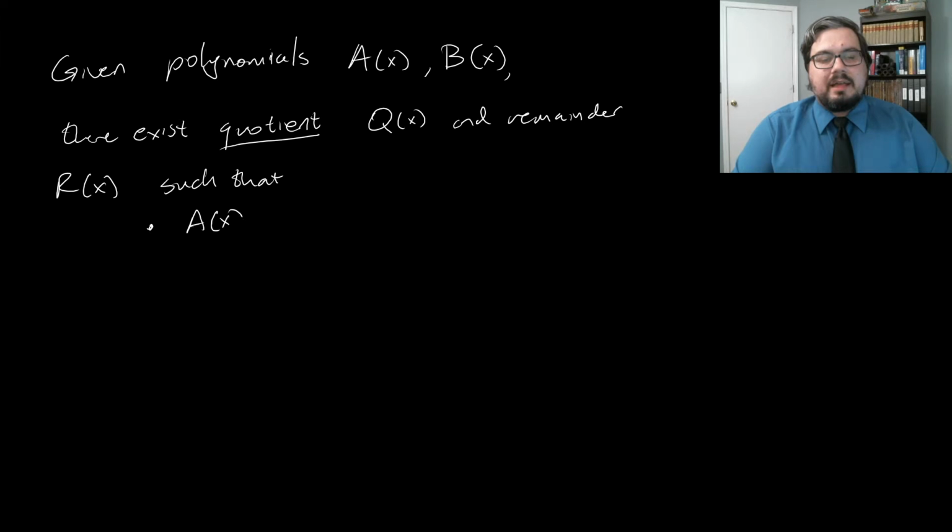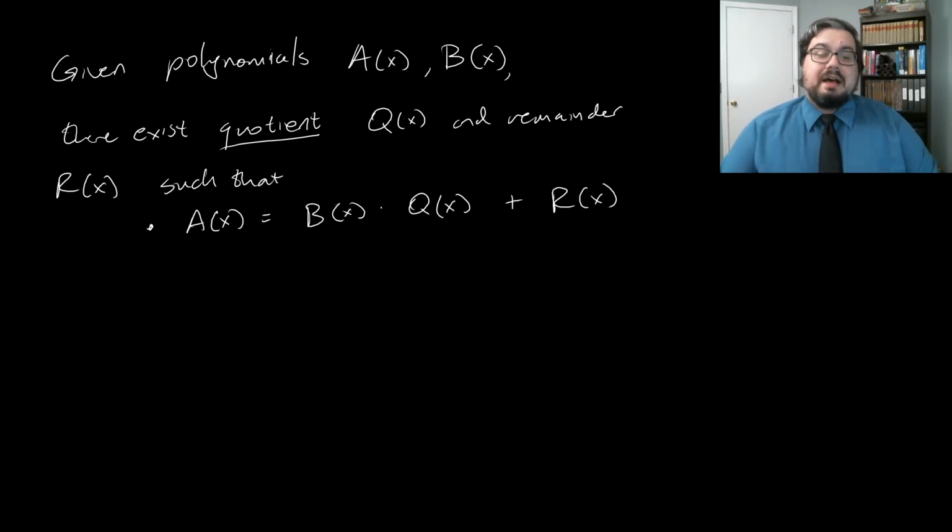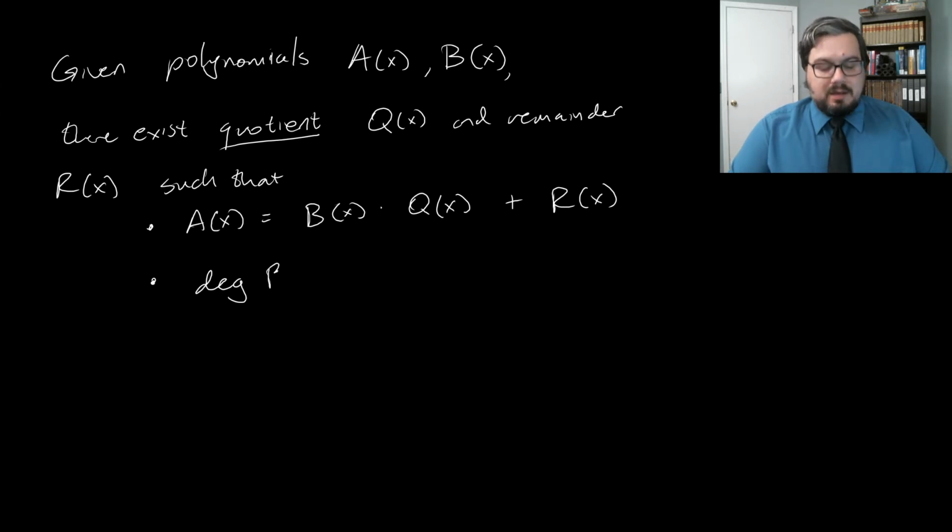First, a of x is equal to b of x times q of x plus r of x. So a and b have the same relationship with each other using this quotient and remainder as the numbers a and b did in the example we just did. And vitally, the degree of the remainder, which is a polynomial, is strictly less than the degree of b.